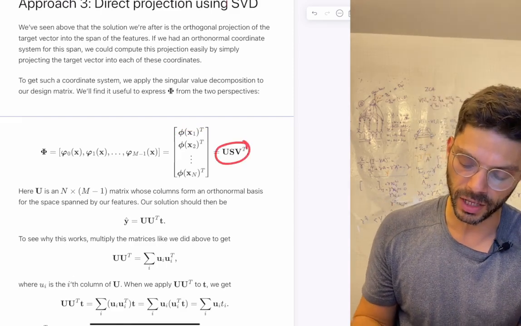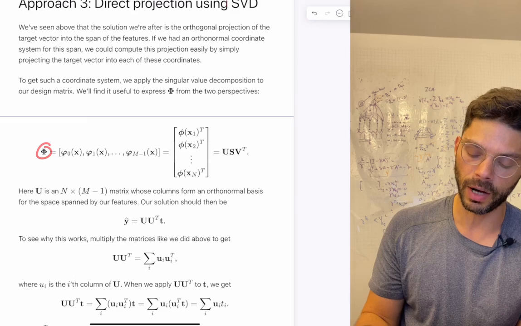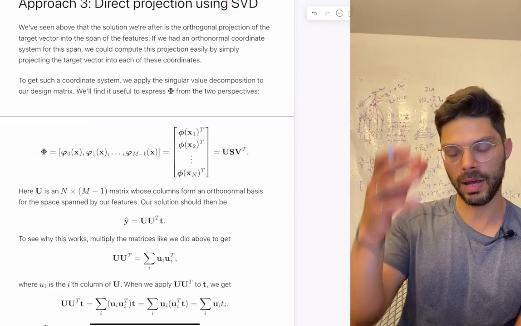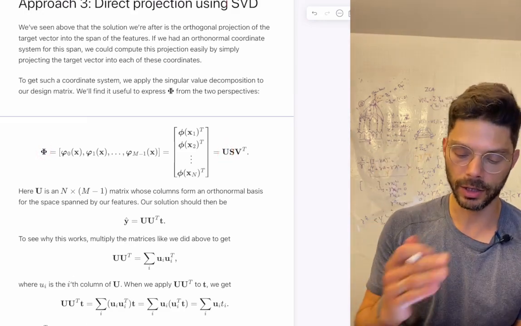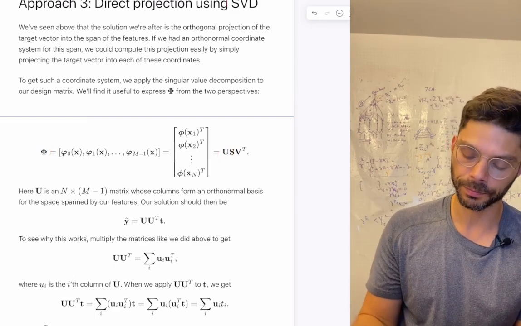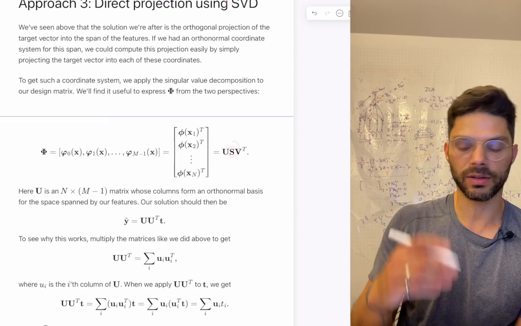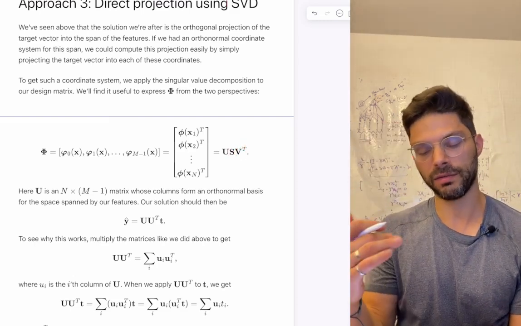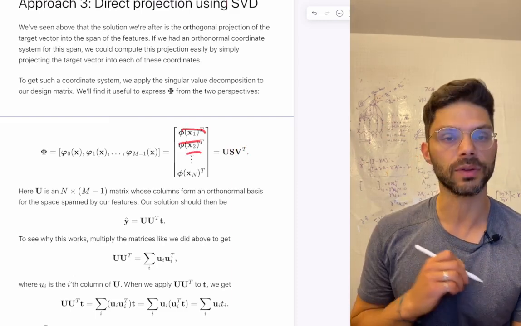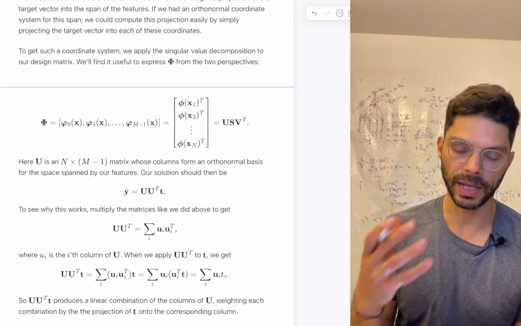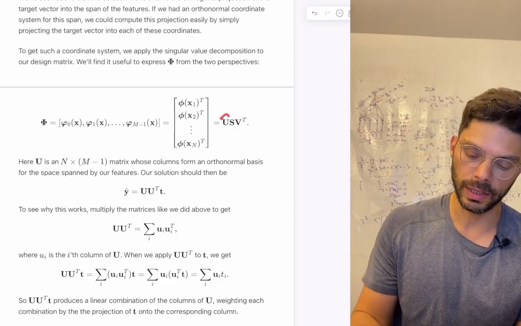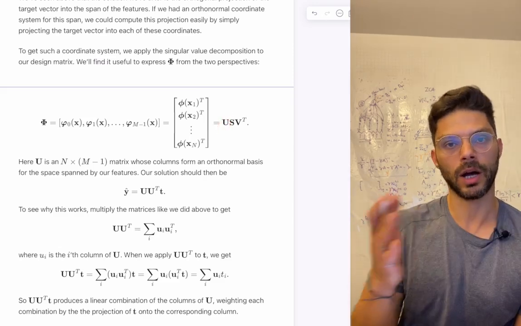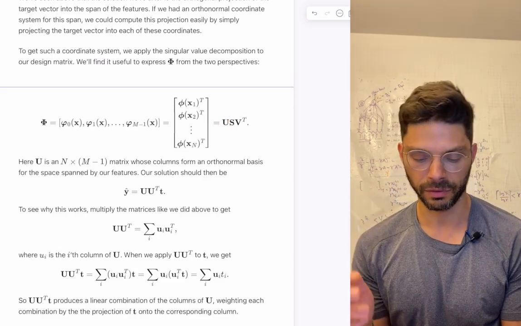SVD is going to decompose phi into a product of the matrix U, which gives us the basis of features that we're after, a diagonal matrix of singular values, and then again an orthonormal basis for the rows. And the piece we need is this basis for the columns.